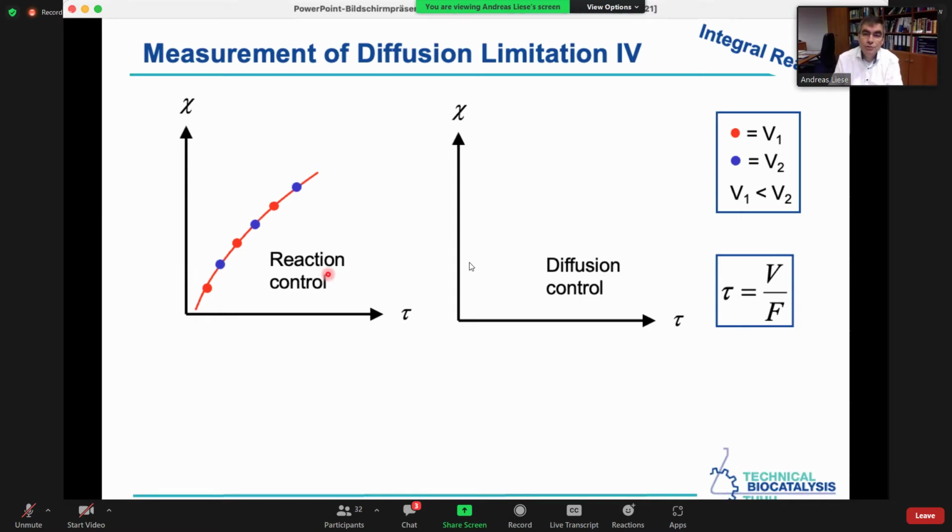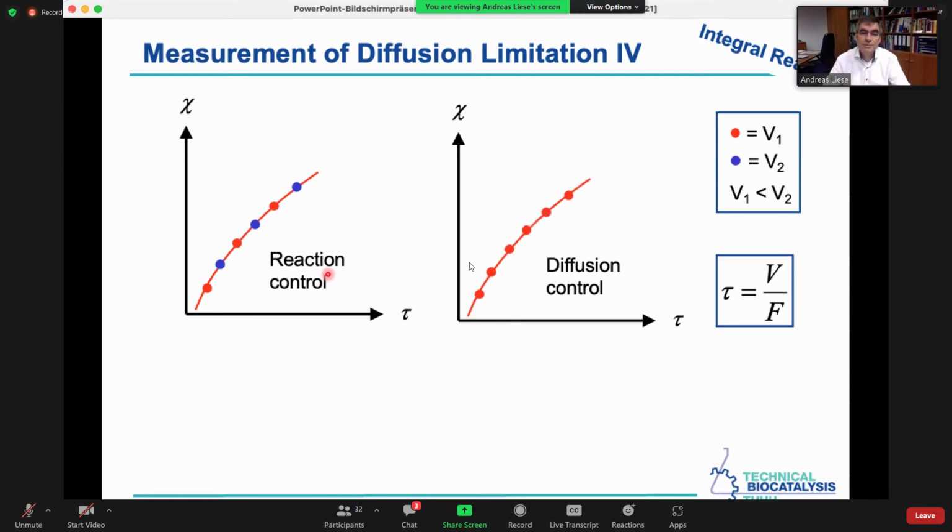Now, if we have a diffusion control, meaning diffusion limitation in the carriers, we once again see the difference between short bed, low flux at the given residence time and large bed, high flux at a given residence time.